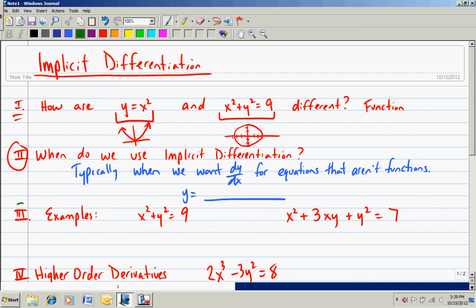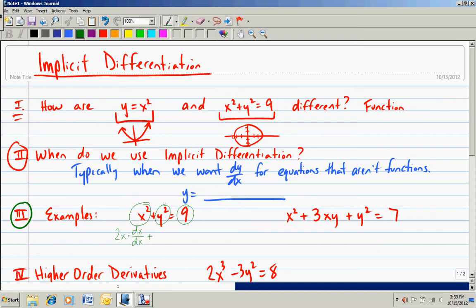I think the best way to talk about it is just to dive right in to point 3 here with some examples. x squared plus y squared equals 9 was the example we started off with, so let's take the derivative. We're going to have the derivative of the first term plus the derivative of the second term equals the derivative of the last term. Derivative of the first term is 2x times, and we've always left something off that I want to put in here at this point, dx/dx.